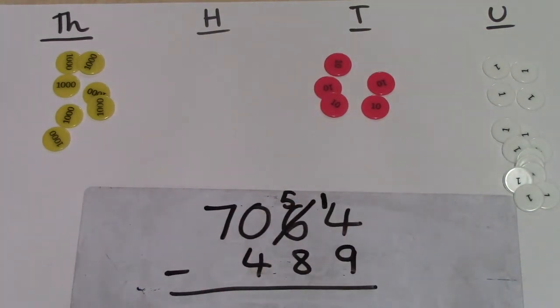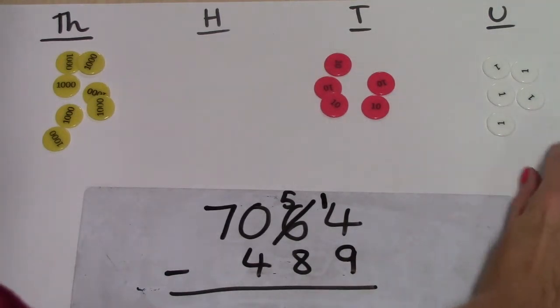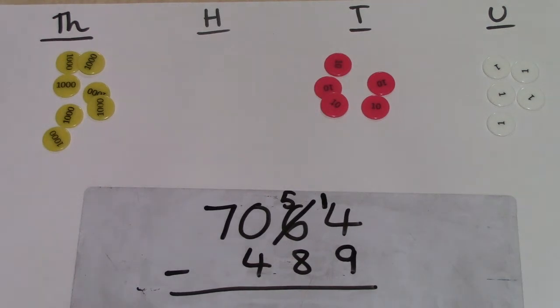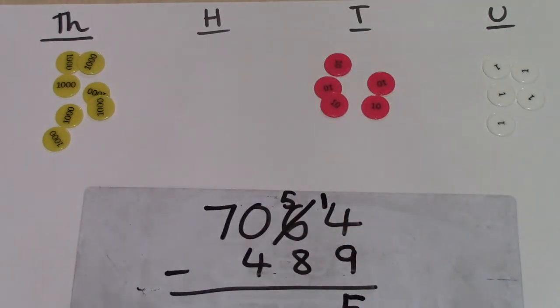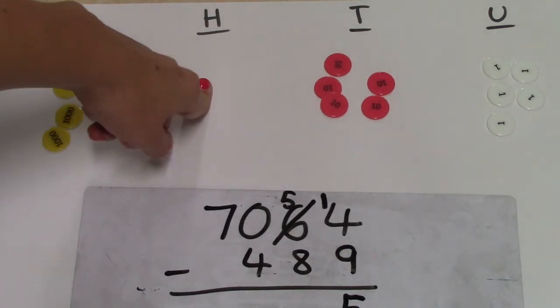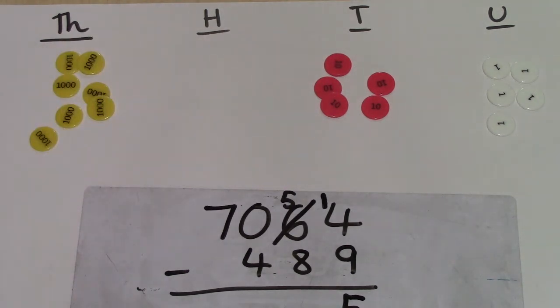I've got 14 units and I can take away 9, and that leaves me with 5. Now I need to try and do 5 tens take away 8 tens, which is quite difficult for me to do. So ideally I'd try and borrow from my hundreds, but I don't have any hundreds, so I'm going to have to go to my thousands.